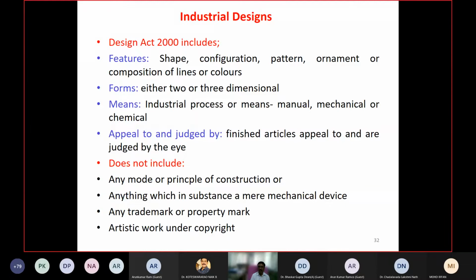A trademark is not protected under the Designs Act. A property mark is not protected under the Designs Act. Do you know the difference between a trademark and a property mark? I'll tell you an example. You are traveling in Air India. The Air India logo is a trademark.